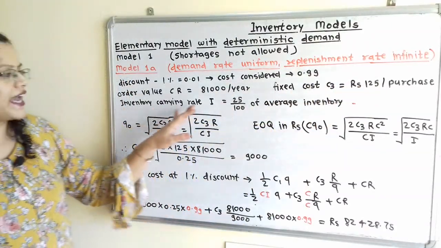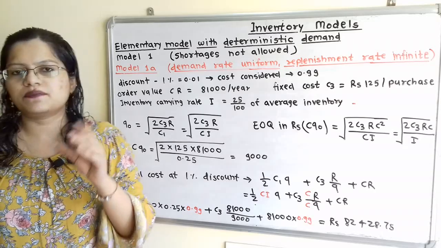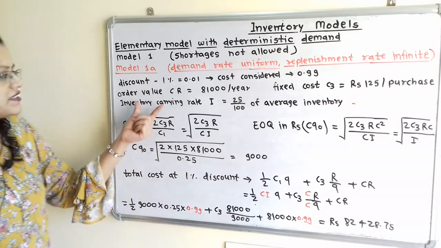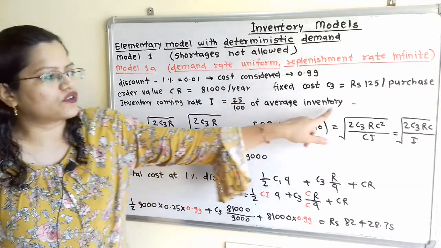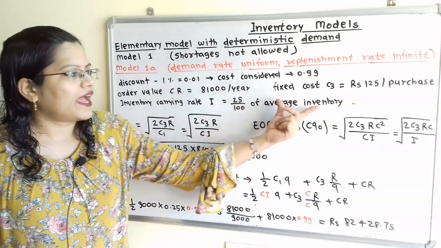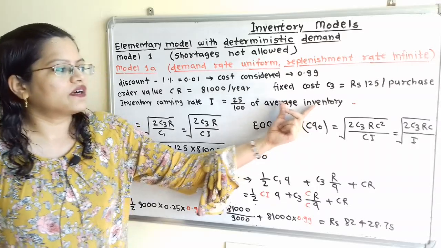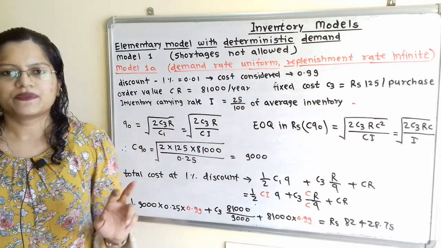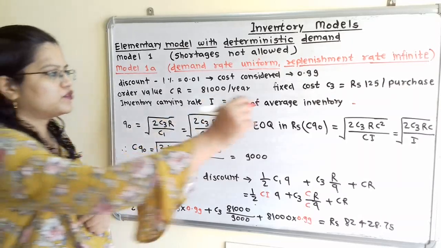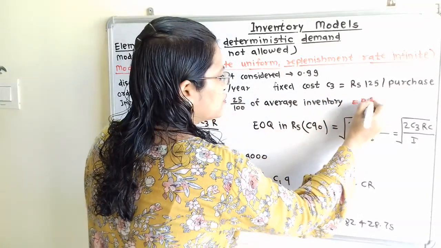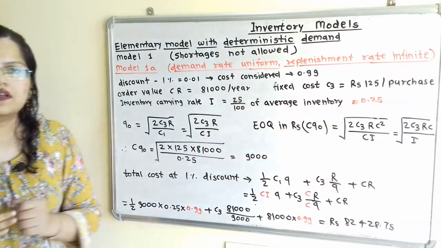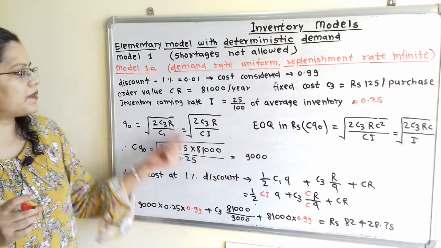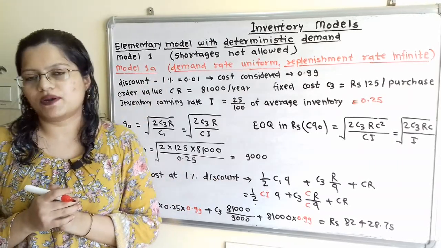Then inventory carrying rate. There is a difference between inventory carrying cost and inventory carrying rate, because this rate is mentioned as 25% of average inventory. So the average inventory wording is there, and that's why we say that this is the inventory carrying rate I, and that is 25 by 100. So we can write here I is equal to 0.25. Now we have to calculate the total cost by considering this discount of 1%.